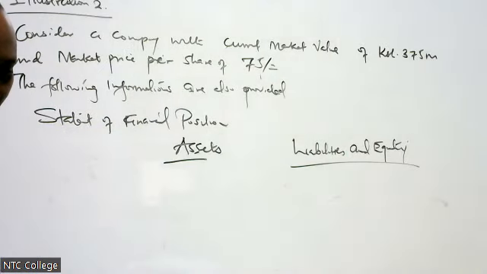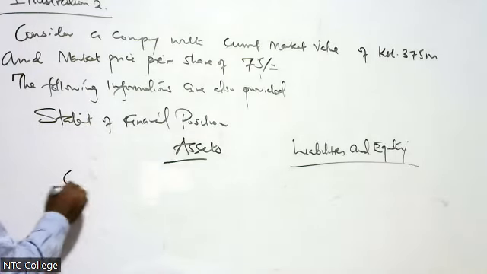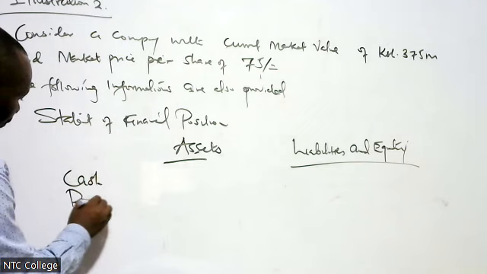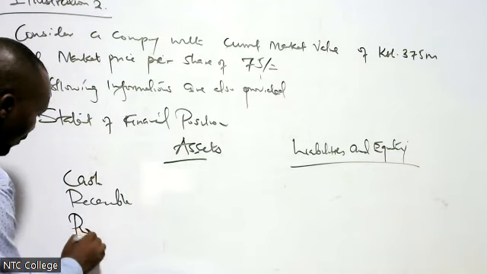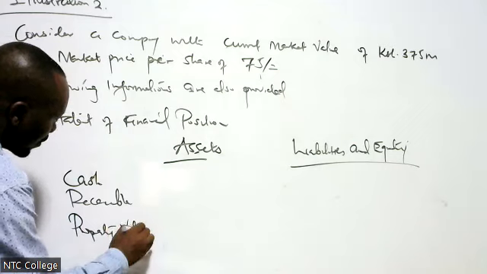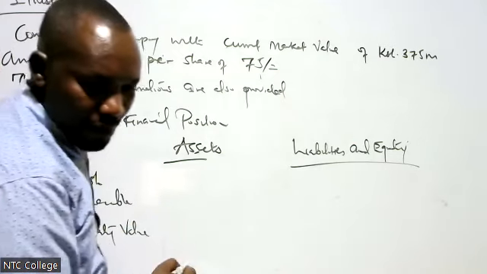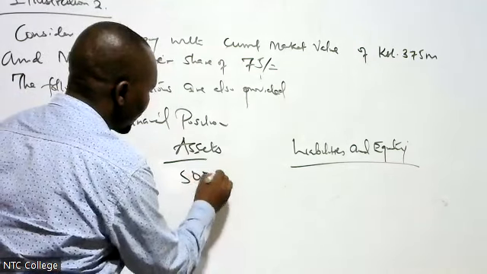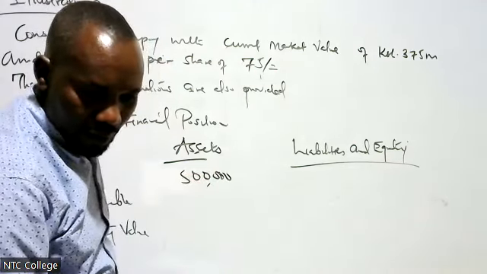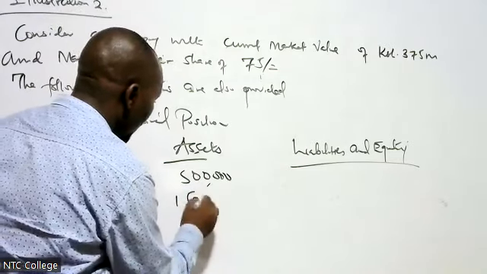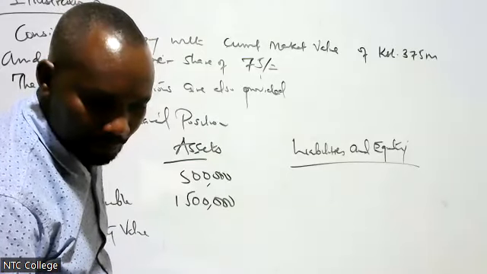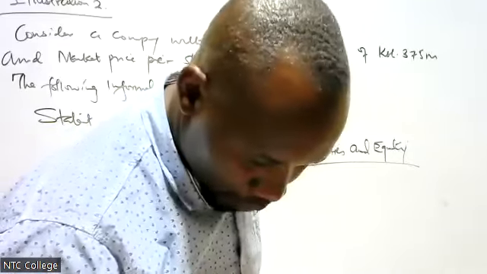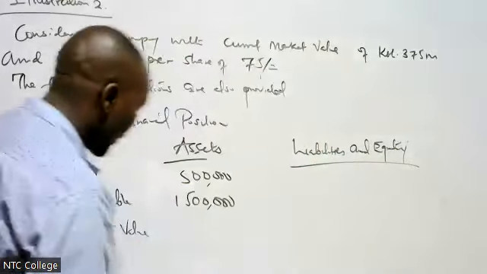So we have there cash, receivable, and property value. We have here 500,000. Then we have 1.5. Then we have 170.